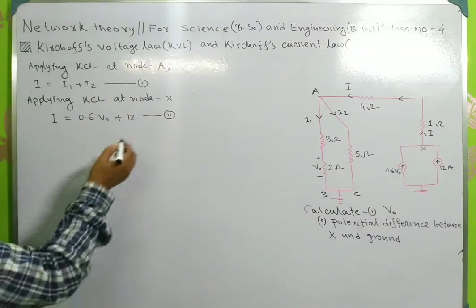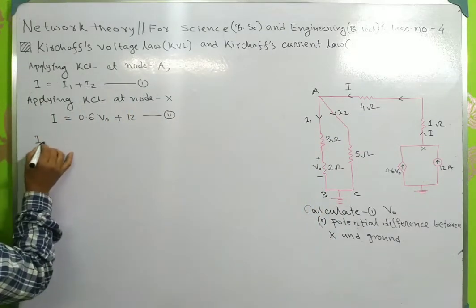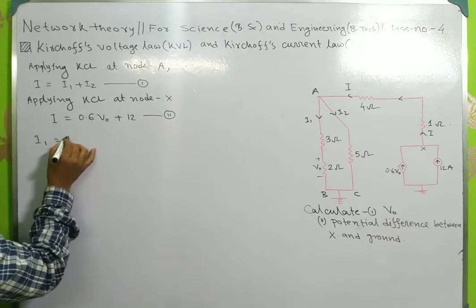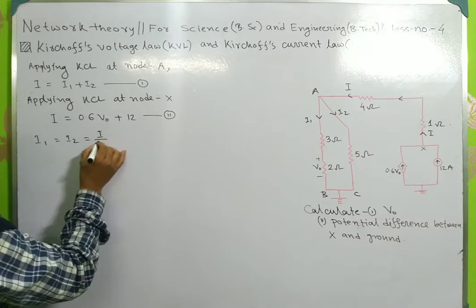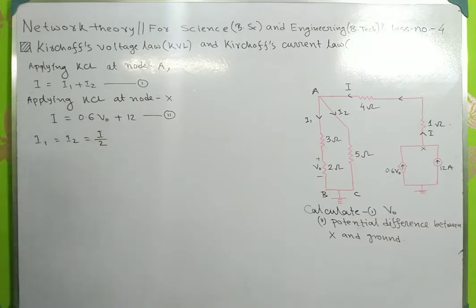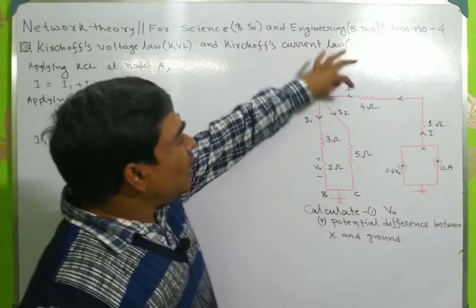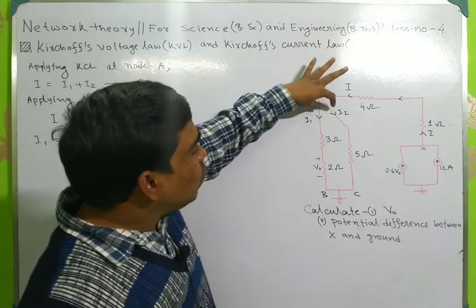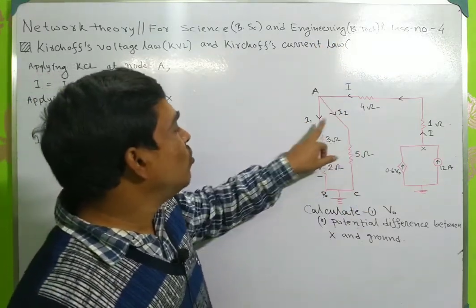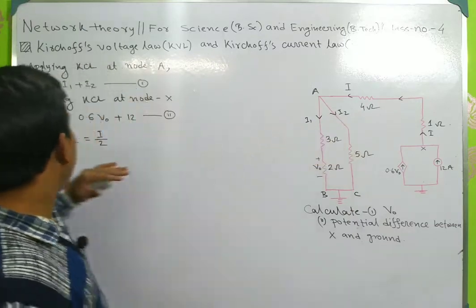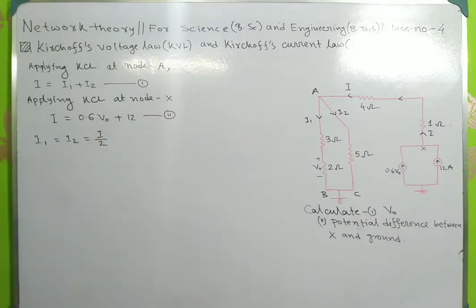So you can write that I1 equals I2 equals I divided by 2, because the current is divided into two paths with equal resistance. That's why these two currents must be equal, I by 2 each.